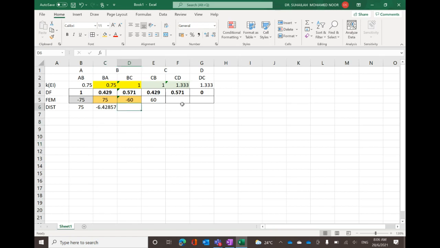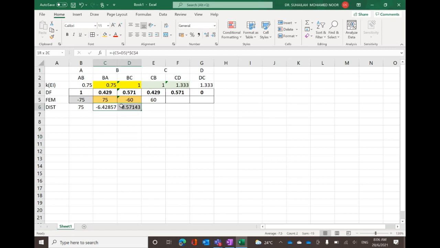Then I do the same for BC: negative to represent the opposite condition, total moment 75 plus negative 60, times the distribution factor, with the dollar sign to lock the position.